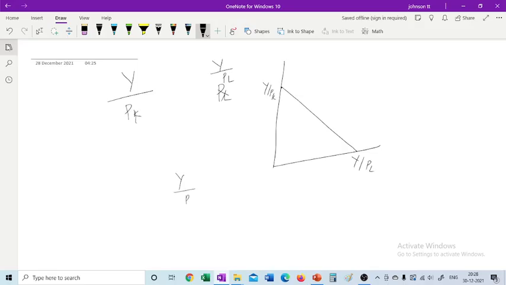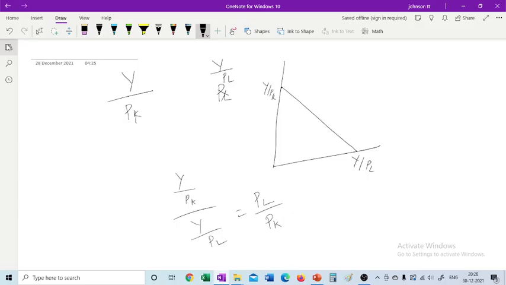Y by PK divided by Y by PL. So that is equal to PL by PK. So the slope of an iso-cost line is PL by PK, the price of labor divided by the price of capital. That is the slope of an iso-cost line.